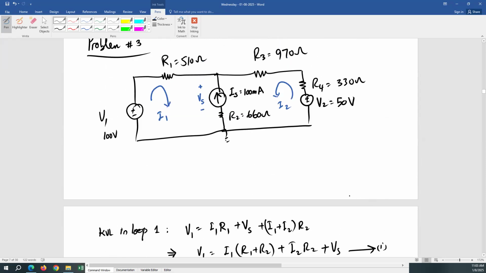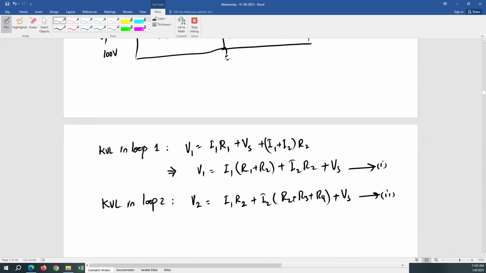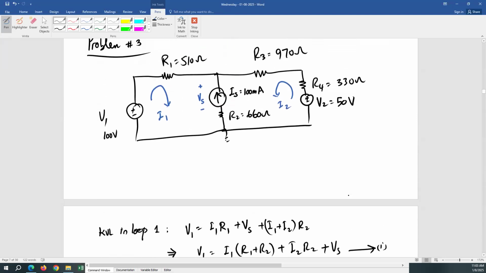Now we have 2 equations and we have 3 unknowns. So we need one more equation because the number of equations should be the same as the number of unknown variables. Where is that third equation coming from? It is coming from the current source, and what is that equation going to be? Sum of both currents should be equal to?